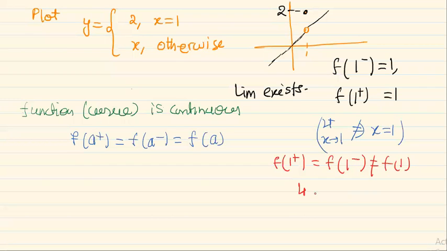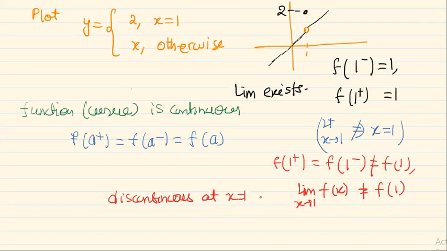It means the limit x tending to 1, f of x is not equal to f of 1, right? So here simply the function was discontinuous at a single point, discontinuous at x is equal to 1 only. So this was happening here.